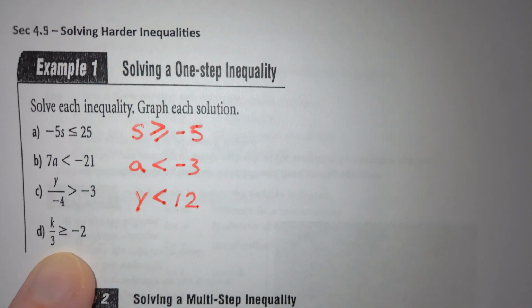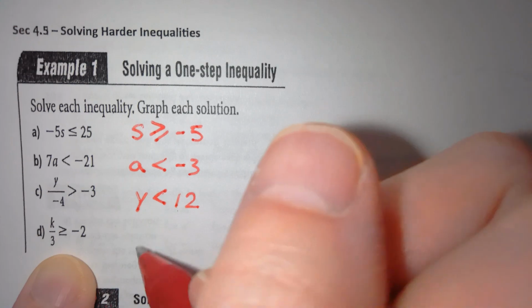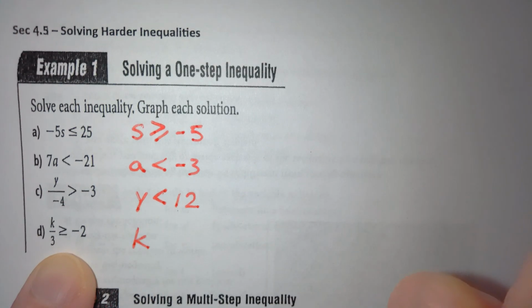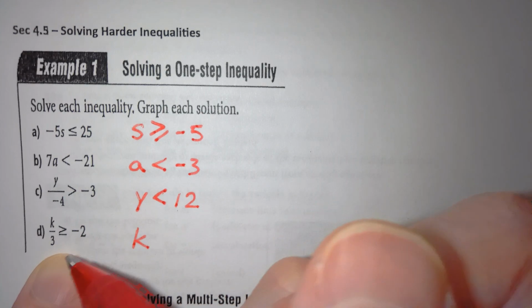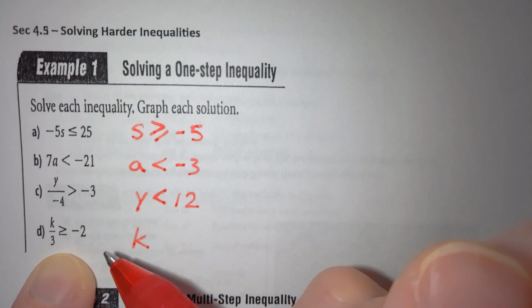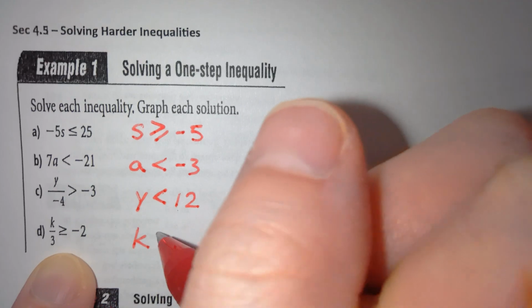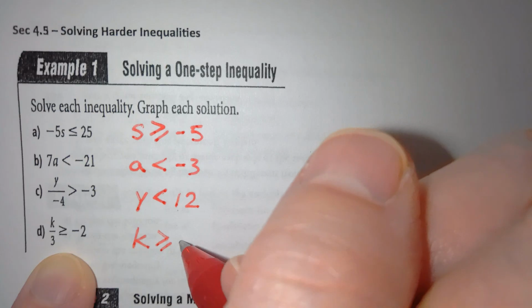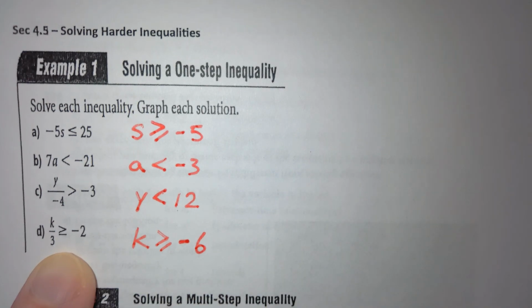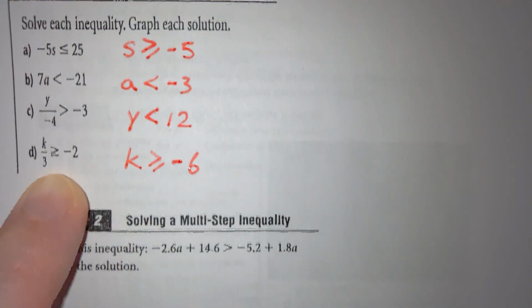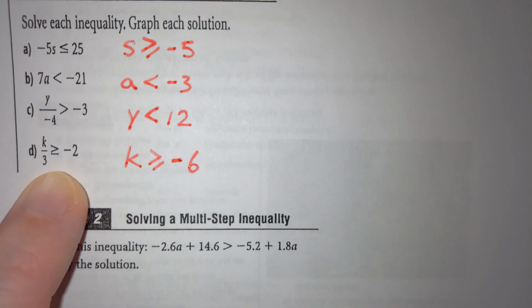And this last one, Brian, do I change the sign here? Okay, I have to multiply by +3. So do I change the sign? No. Yeah. So it's this, and then -2 times 3 is -6. Okay. Are we good with when we have to change the sign, when we don't?